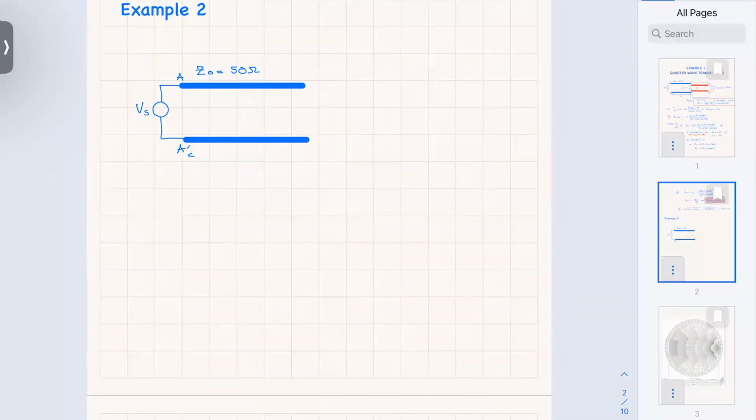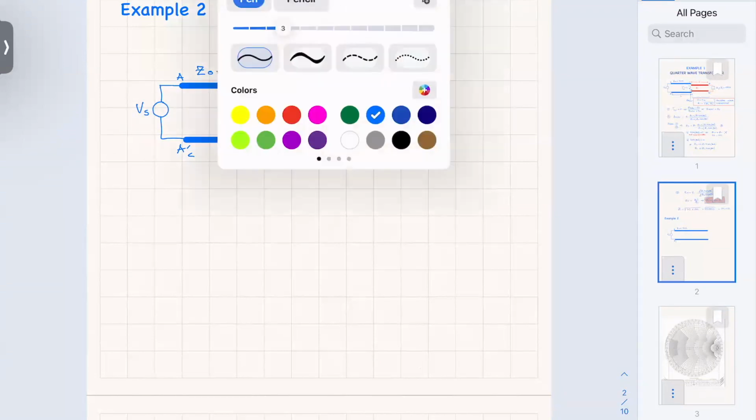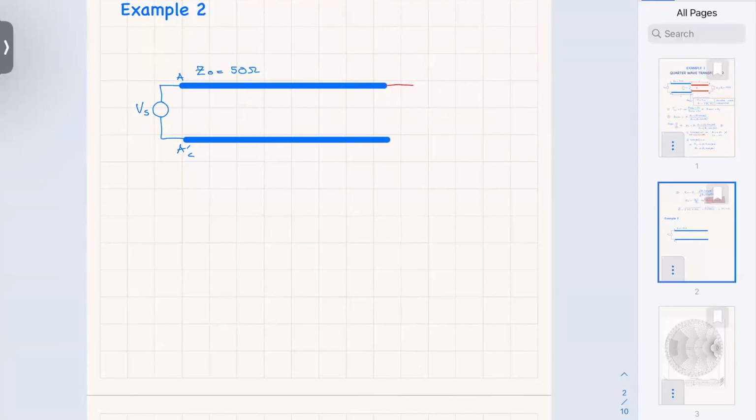All right, so now I'm going to extend this line. And the problem that I have is this line is connected with a load, okay, ZL.